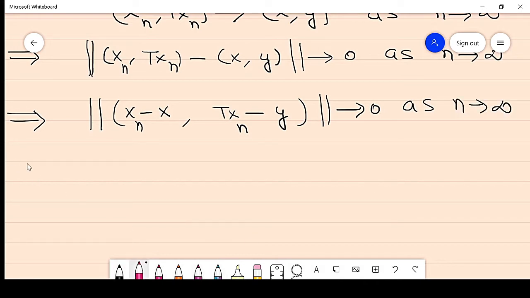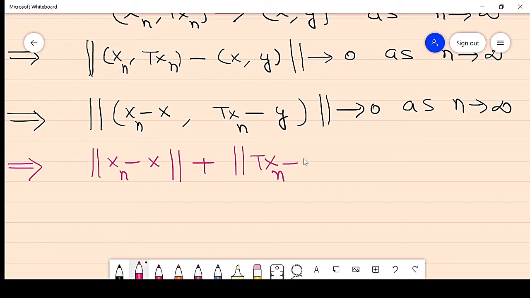Now in the next step, using the definition of norm, this will become norm of xn minus x plus norm of Txn minus y approaches 0 as n approaches infinity.